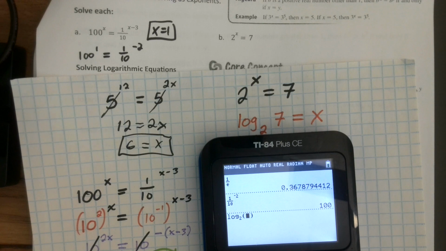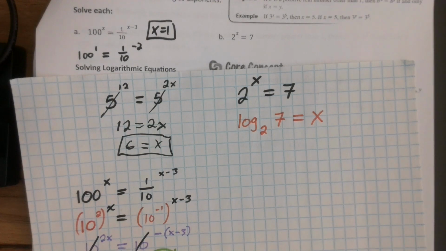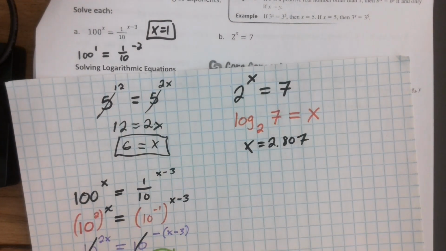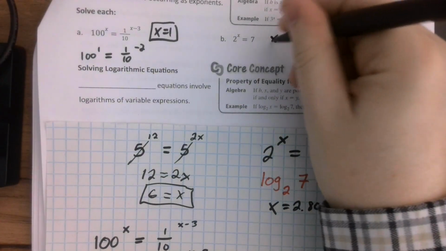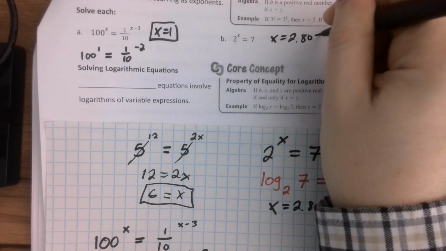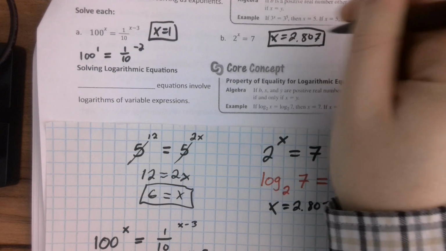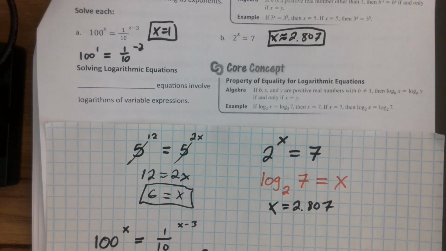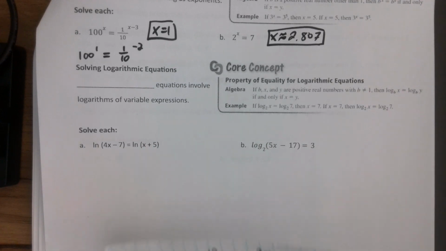If I plug in log base 2 of 7, I get 2.807. So that is what we're going to say x is. X equals 2.807. Technically, we want to use a wavy equal sign because it's approximately 2.807, but it's close enough.